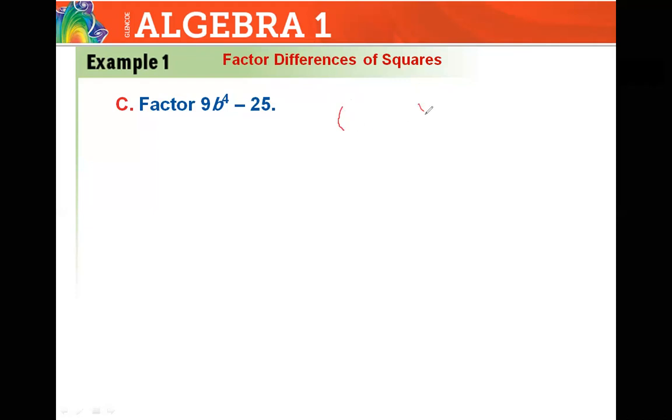So I just make two brackets. The two brackets will be the same but with different signs. So I write here minus and here plus, and start to get the square roots.